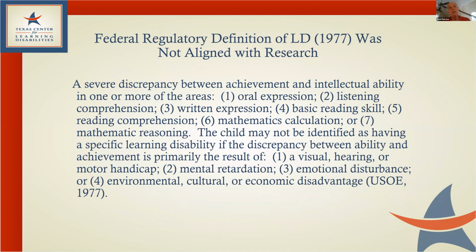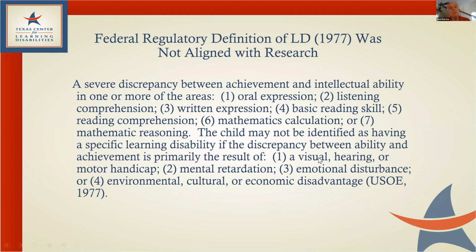The federal regulatory definition of learning disabilities, which was adopted in 1977, was not aligned with research. It talked about a severe discrepancy between achievement and intellectual abilities in one or more of the following areas, and it describes all these different kinds of areas and leads to a particular type of assessment.